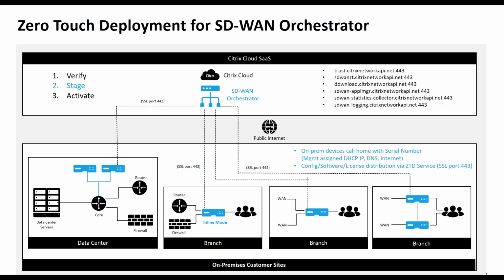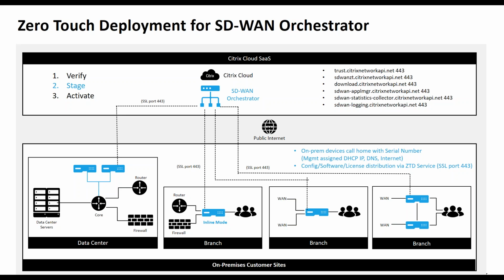Now, zero-touch deployment works basically in the same way, except that where it will get all of its configuration is through the stage, which is step number 2. When we turn it on and plug it in, if DHCP is on the network, that SD-WAN device will get an IP lease, and it will at that point attempt to call home to the SD-WAN Orchestrator service.